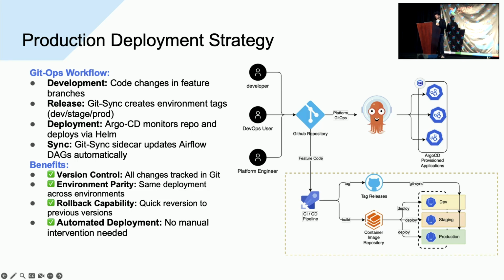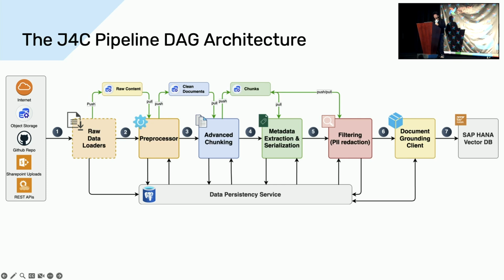With the deployment foundation in place, let's look at what we are doing inside our Airflow DAG. So this is the current DAG architecture. As you see, we have multiple data sources where we are fetching data from, be it scraping from the internet or publicly available SAP content, object storage, GitHub repositories that developers write internally and externally also.